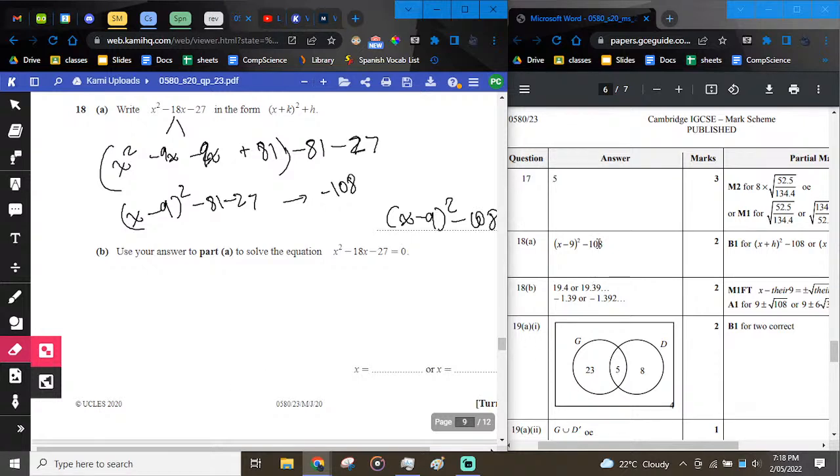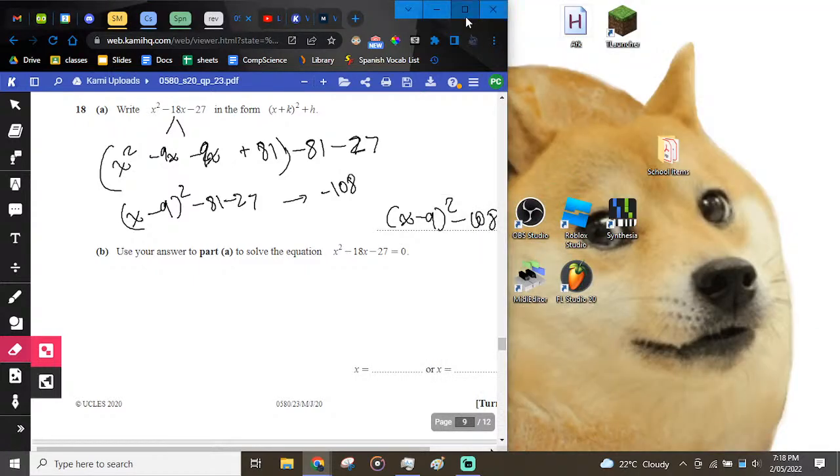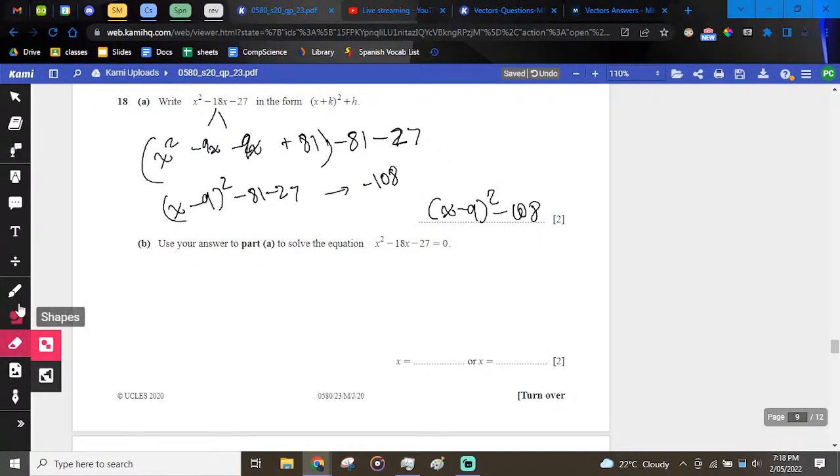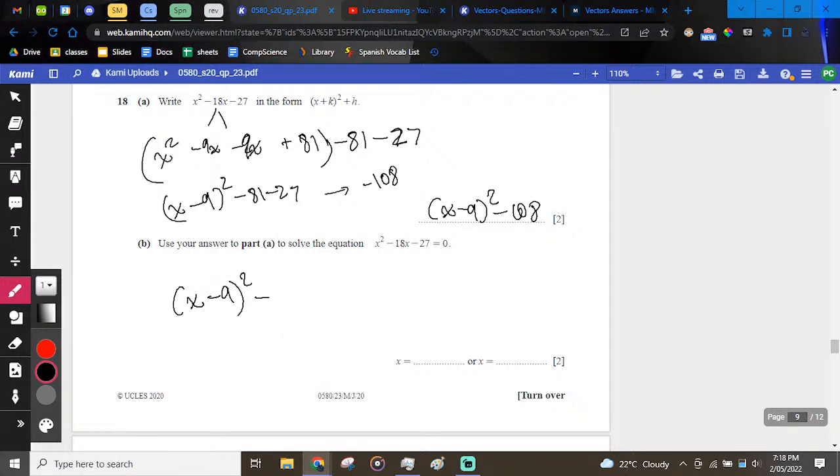As a preliminary, yes, our first one was correct. But how do you do this? I can tell just from the mark scheme how it wants you to solve this. This is the beauty of mark schemes, whoopee. Now that we know from the last question, x minus 9 squared minus 108 equals 0.